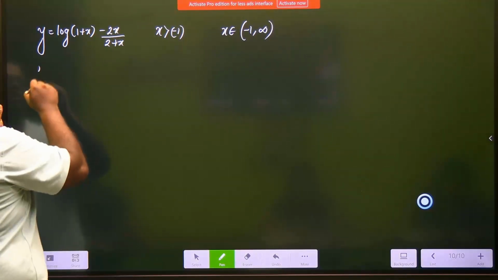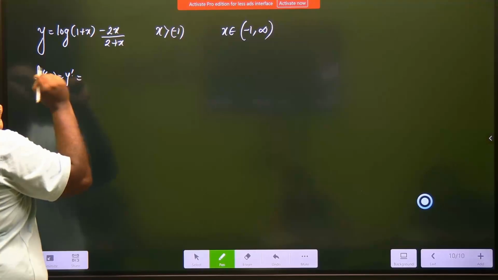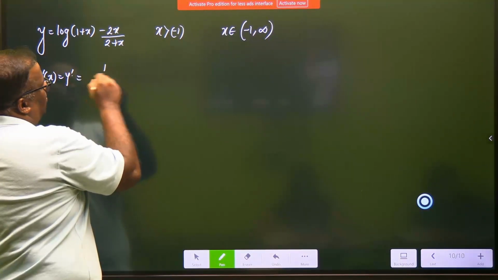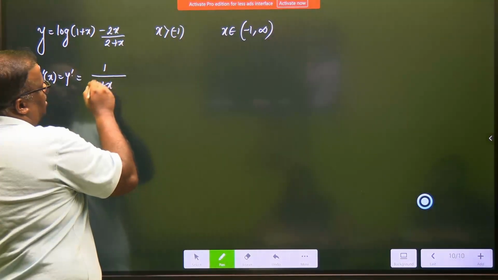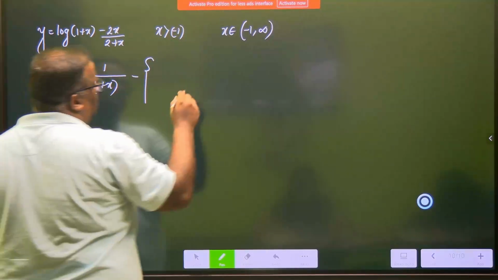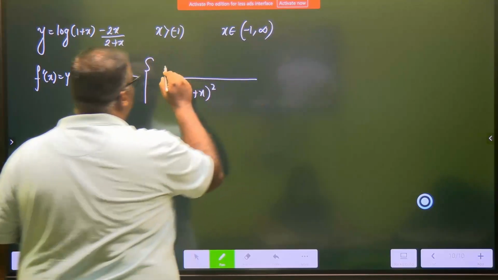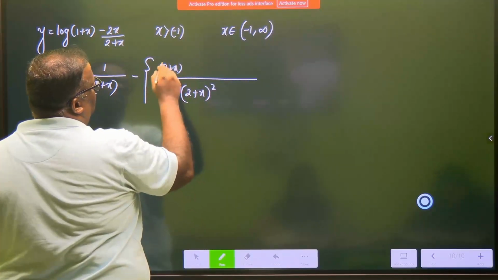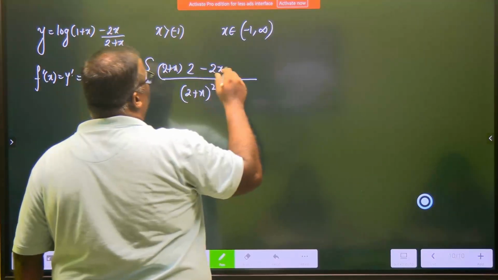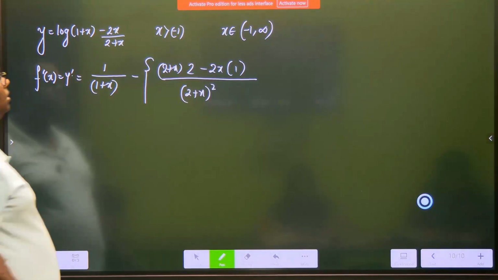Very good. So what is f dash x, which is equal to y prime? Let's differentiate this. The derivative of log of 1 plus x is 1 by 1 plus x. And let's differentiate this minus term. How to differentiate this? 2 plus x whole square, so g(x) is x plus 2, into f dash x, which is 2, minus f(x) into g dash x, which is 1. Did you understand this differentiation or not?